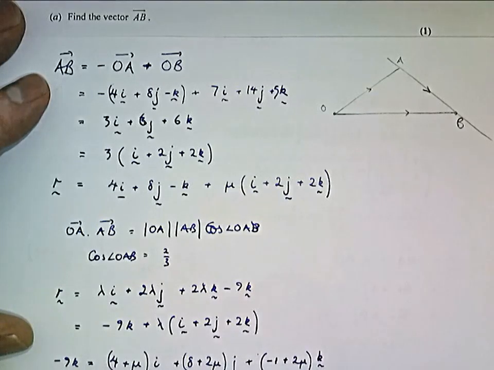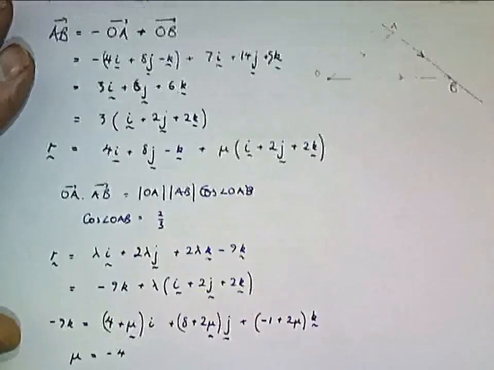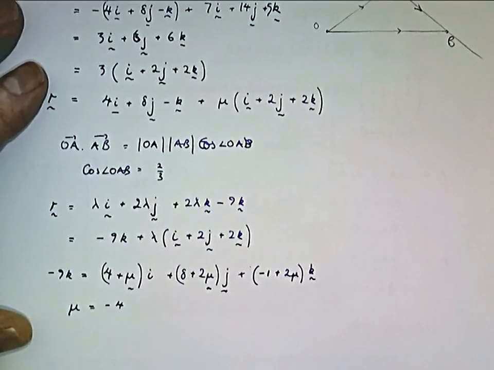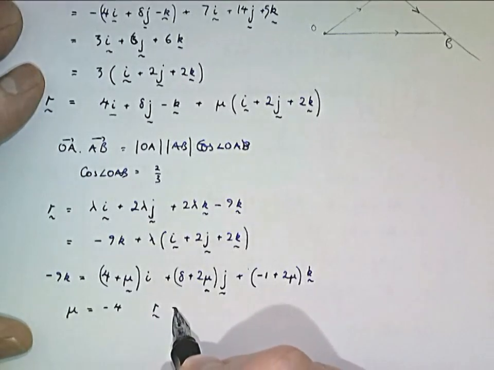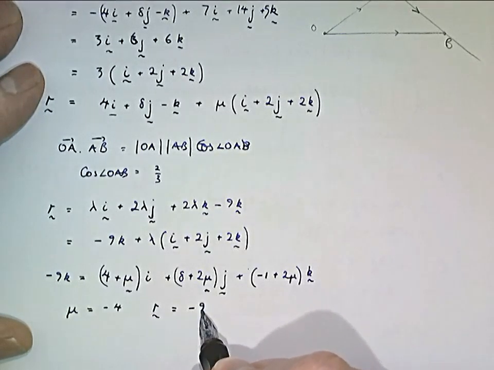And if we inspect this carefully, we can see that when mu is equal to minus 4, then R would be equal to minus 9k.